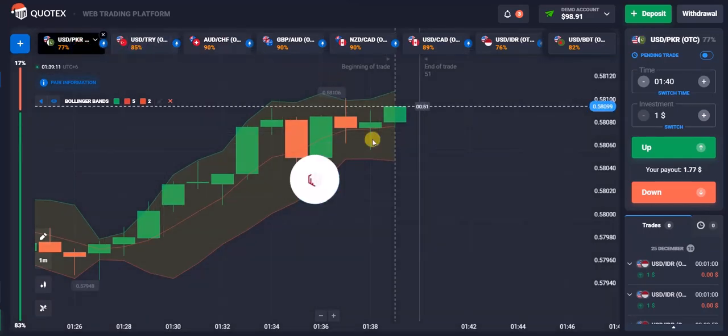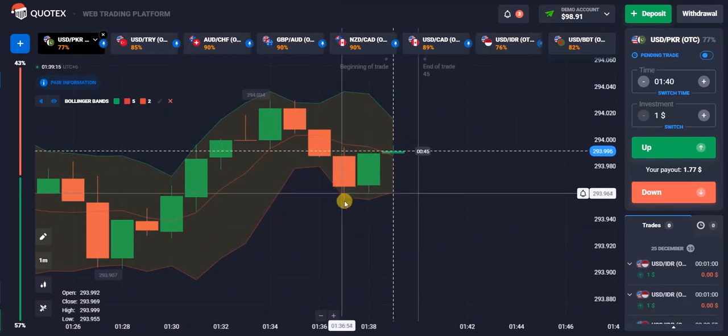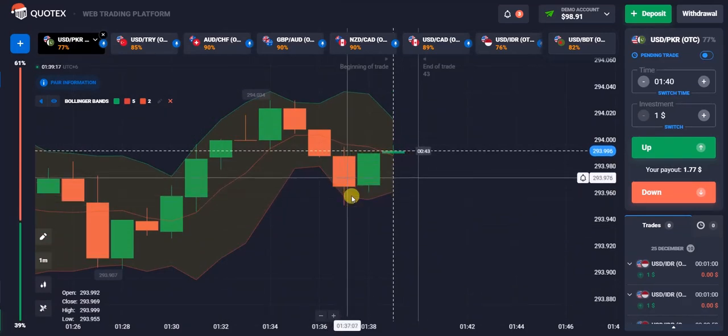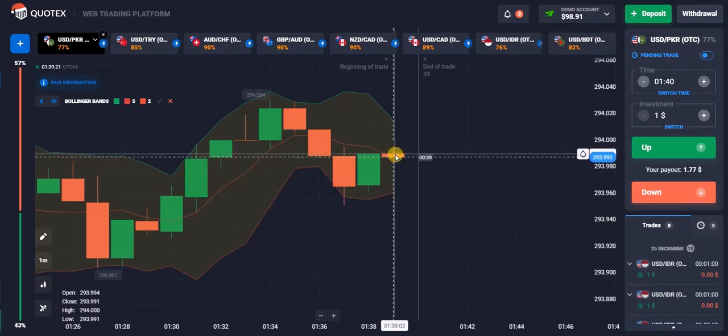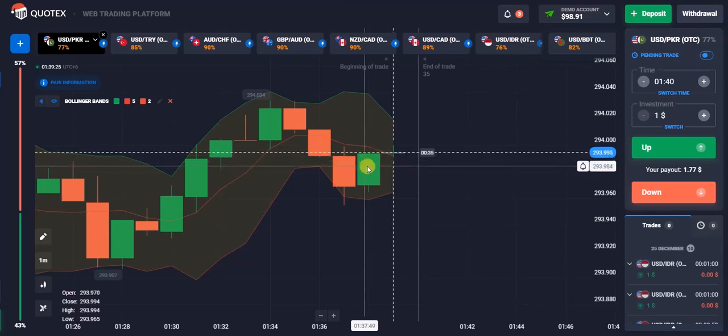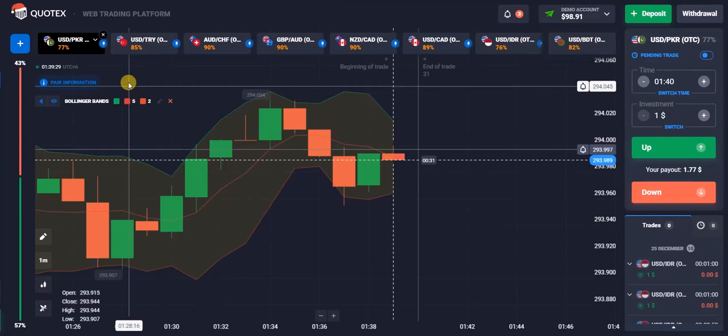So let's see. Here is an opportunity. As you can see, this is a red candle, it touched the bottom line. Here is a green one, and now you can see this candle is a green one, so we are supposed to take an up call. So we're gonna put a bell icon here and see if it happens or not.